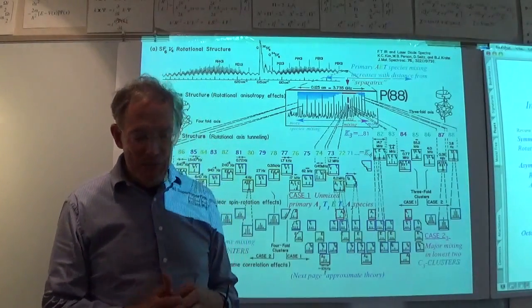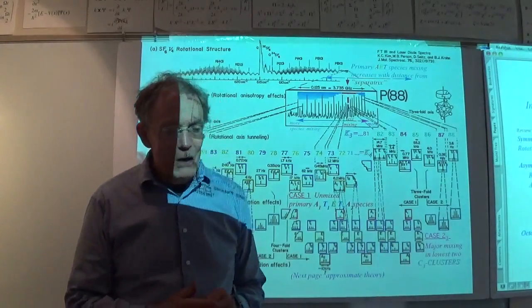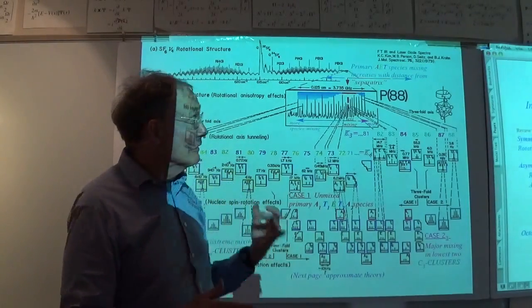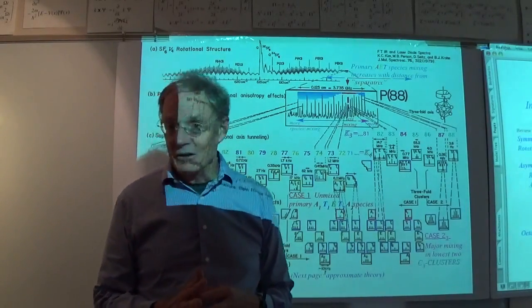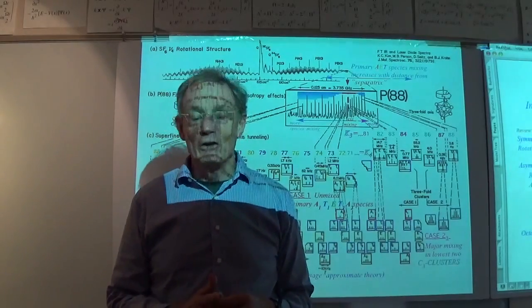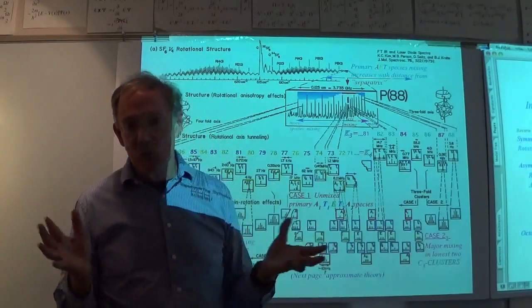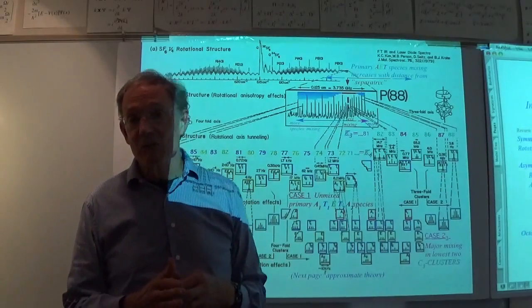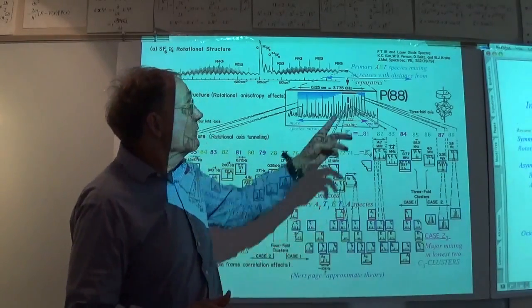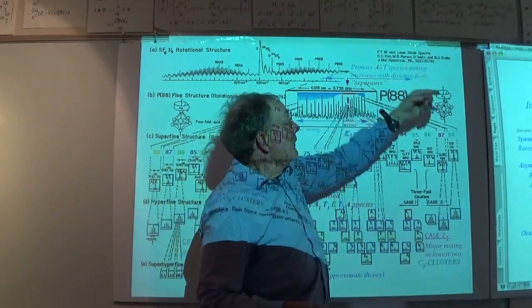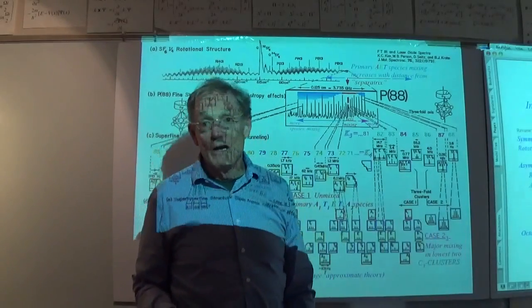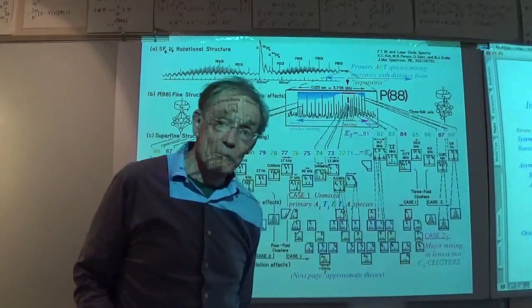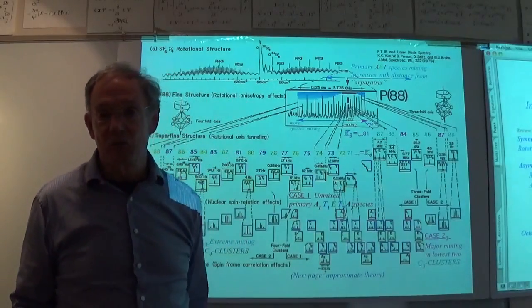Okay, and he conned the French government out of millions of dollars to build this because the idea was that they could use the spectra to separate UF6 235 from UF6 normally 238, right? And that's what Los Alamos had been doing for years, and that's where this originally came from, and that's where these people come from. They all worked at Los Alamos, and they worked on the isotope separation project. It's called MLIS, Molecular Laser Isotope Separation.